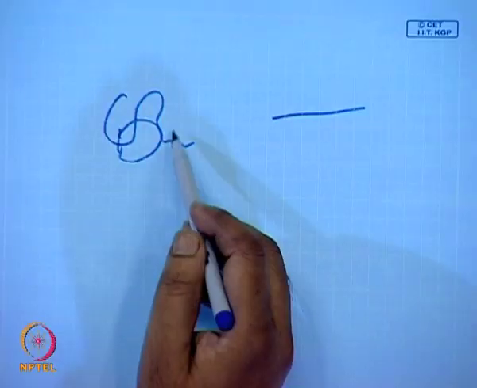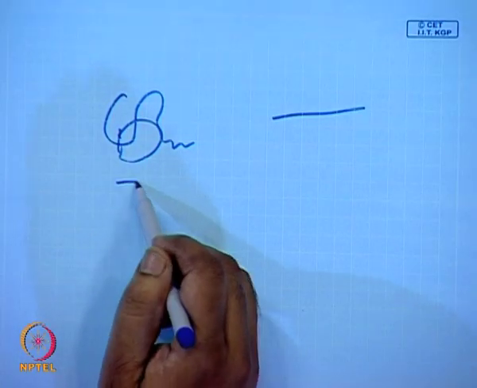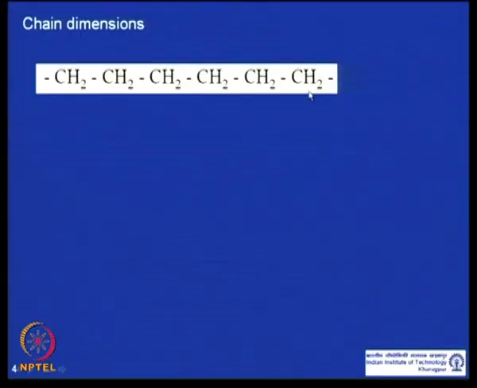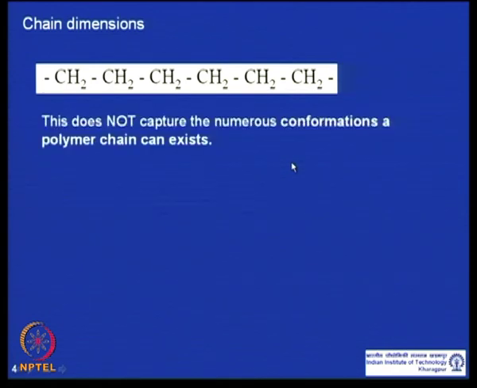So, that is the reason you get this type of conformation most of the times. Let us consider a simple polyethylene molecule. This is the chemical expression. Now, this does not capture the numerous conformations in which a polymer chain exists.